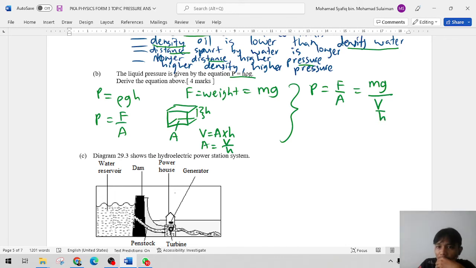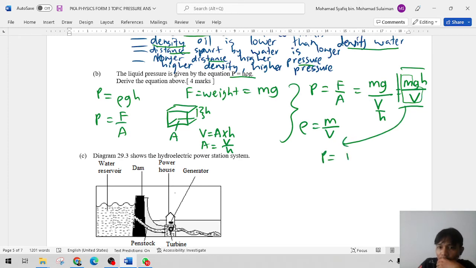If we arrange this equation, we get mg times h over volume. And density is equal to mass over volume. So we have mass over volume here. So if we rearrange the equation again, pressure is equal to mass over volume times g times h, and mass over volume is equal to density, so rho g h.